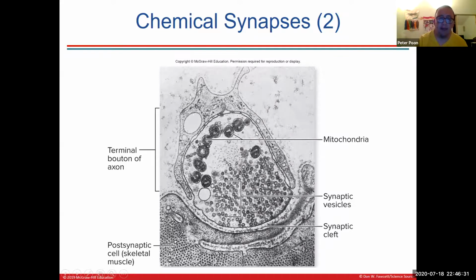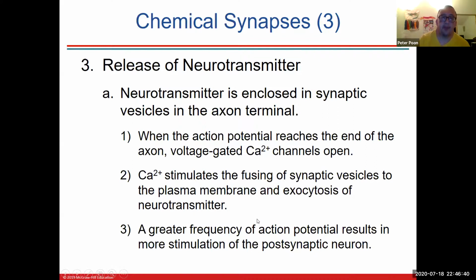It's smaller than a mitochondria, so you have to realize how small that is. The neurotransmitter is enclosed in a synaptic vesicle in the axon terminal.